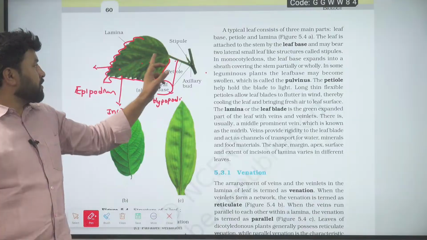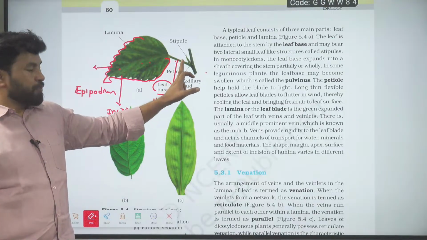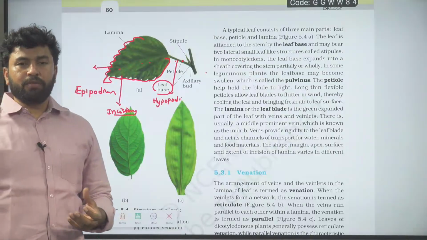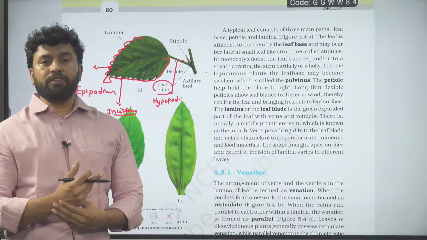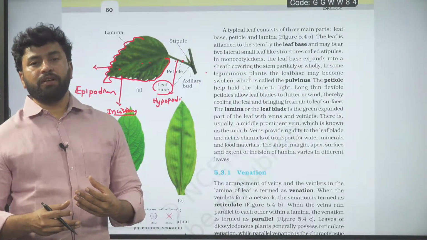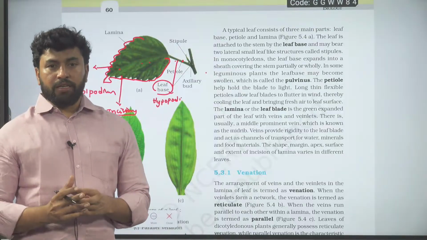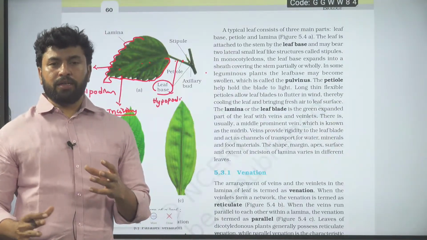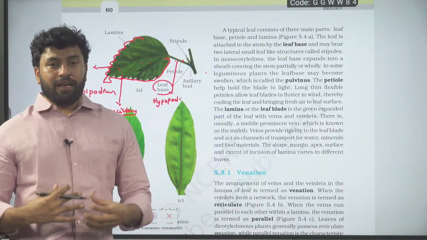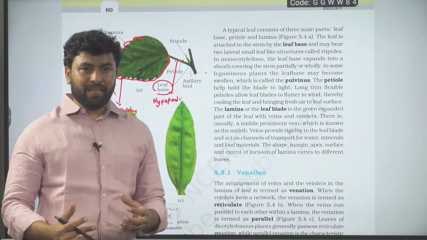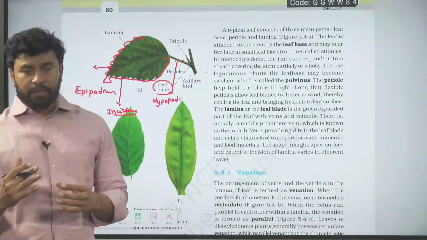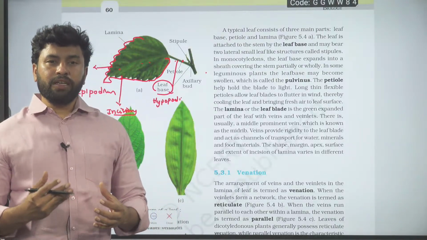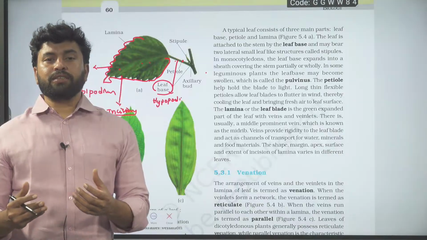Anyhow, consider this. The petiole is mainly responsible for fluttering of the leaf in the wind. Why should a leaf flutter in the first place? First, if the leaf is constantly exposed to the sun, it not only receives light, it also receives heat simultaneously. At the same time, during photosynthesis, a leaf is constantly generating various kinds of gases.